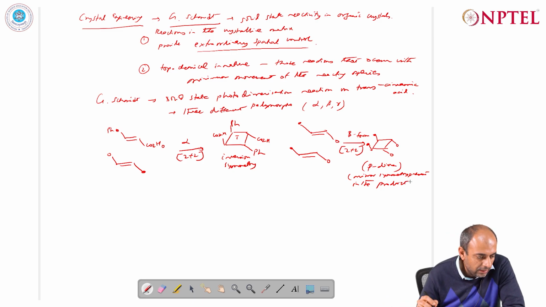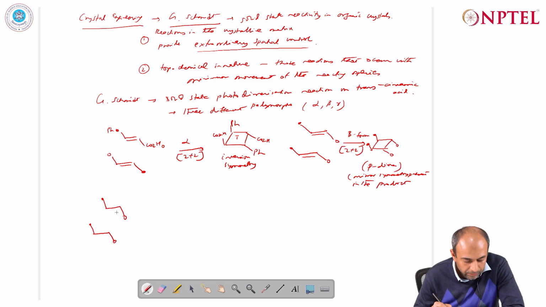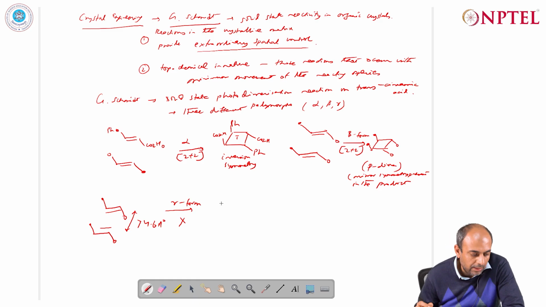And in the third case, we have the double bonds where the separation between the double bonds is greater than 4.6 angstrom in the gamma form, and therefore no reaction takes place in the gamma form, and therefore no product is obtained.